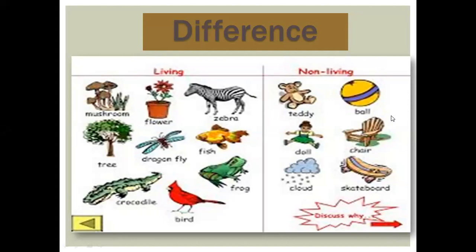Non-living things, there are also things that are from nature, like cloud. Cloud is a non-living thing, but it is natural. It is from nature. We cannot make clouds. Yes, we can make teddy, we can make ball, we can make doll, we can make chair. Chair is made of wood. So wood is natural material.